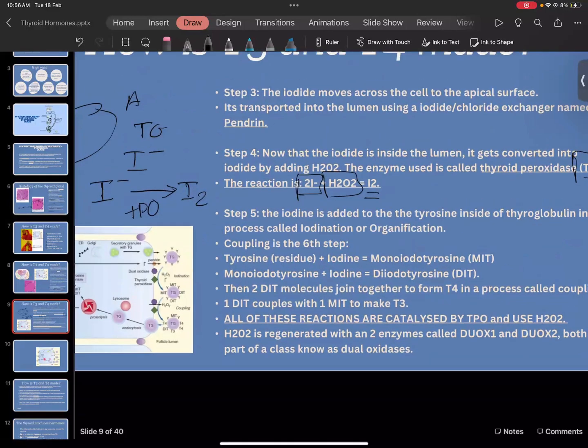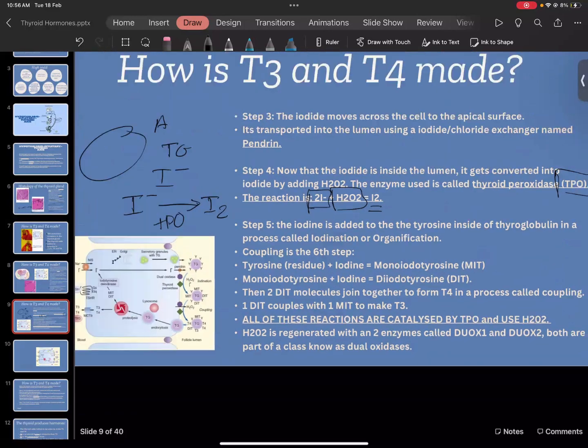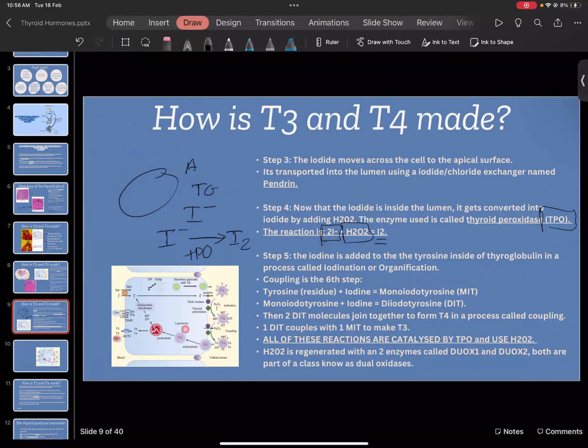Okay, now we're going to move on to step 5, which is that the iodine is added to the tyrosine. We finally reached that part where we're going to add the iodine to the tyrosine. And this process is called iodination or organification.